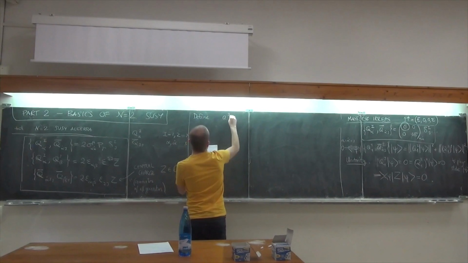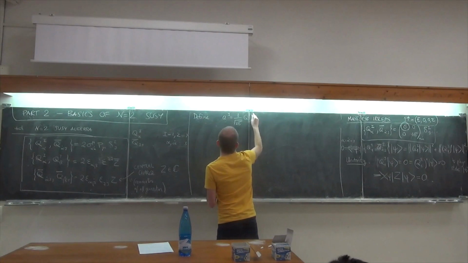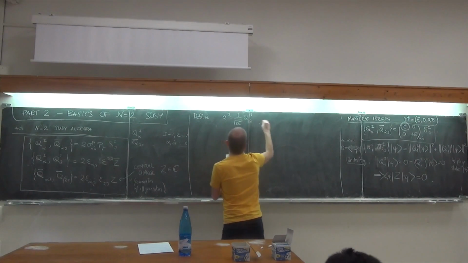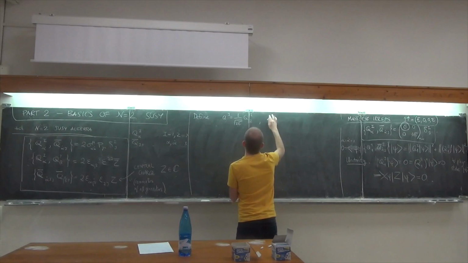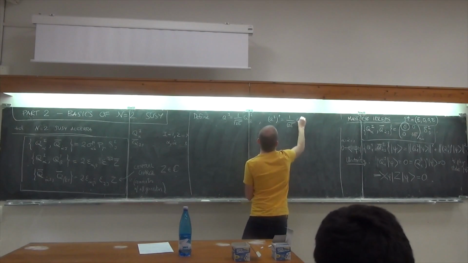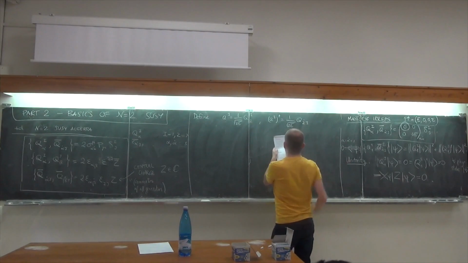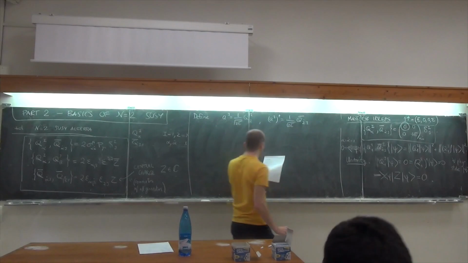A i is 1 over square root of 2E times Q 2 i, and its complex conjugate A i dagger is 1 over square root of 2E times Q 2 i dagger.